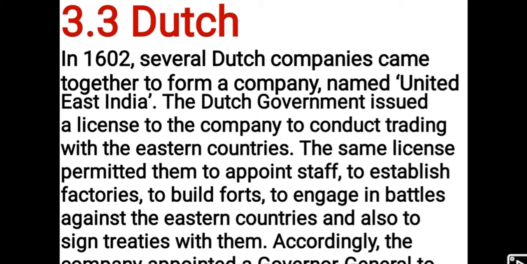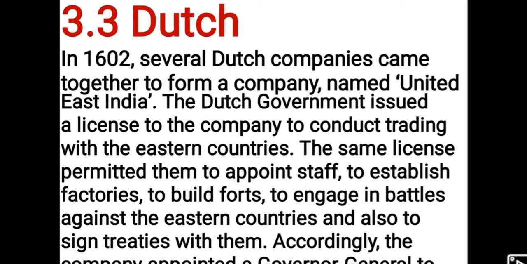The same license also gave permission to appoint their people to work for them, to establish factories, to build forts to protect themselves, and to engage in battles, meaning making their own army, for their precautions. They also had to sign treaties with the Eastern countries.